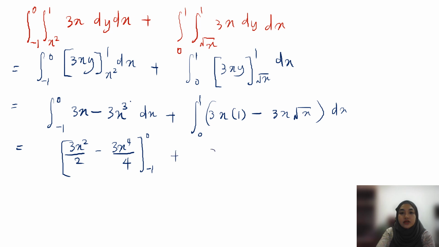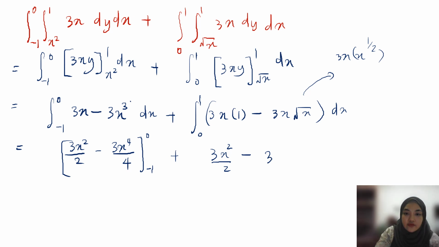For this one is 3x squared over 2 minus, this one you have to simplify, you have to calculate. So if you calculate here, 3x multiplied by x to the 1 over 2. So you will get 3, 1 over 2, 3 over 2. So 3 over 2, you will get 5 over 2 here if you integrate. Okay, 5 over 2.